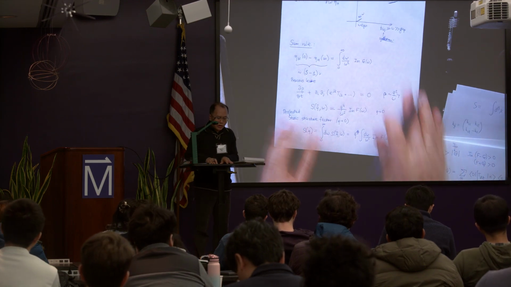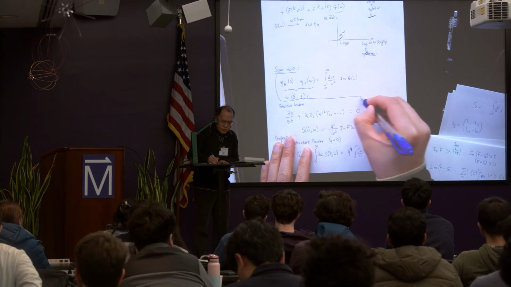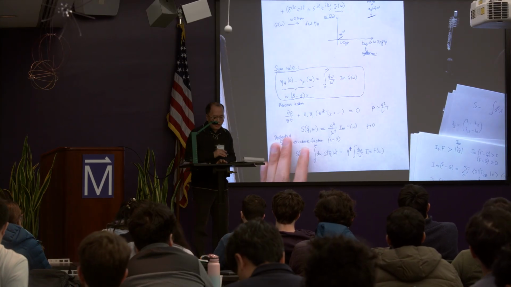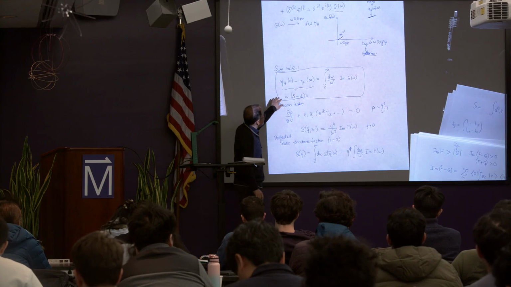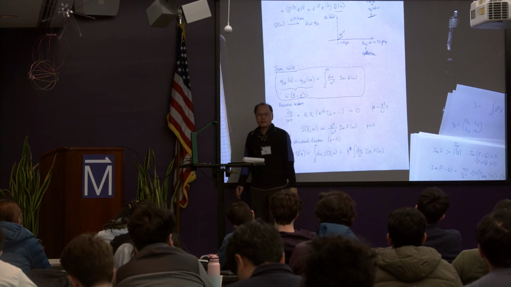Okay, so the sum rule tells us that there is a relationship involving the imaginary part of the odd part of the Green's function for the stress tensor.